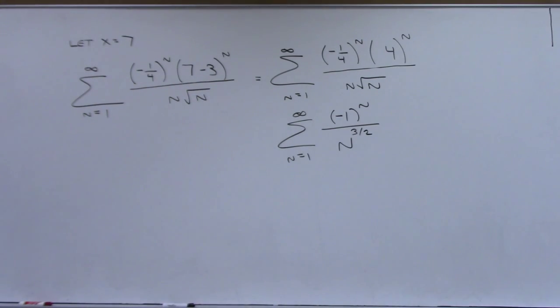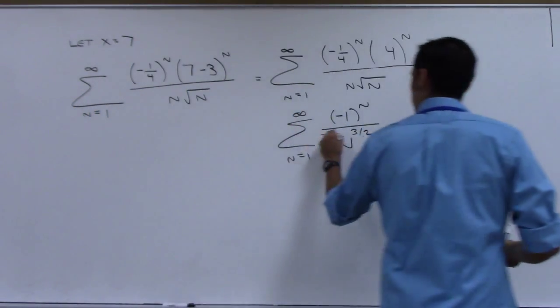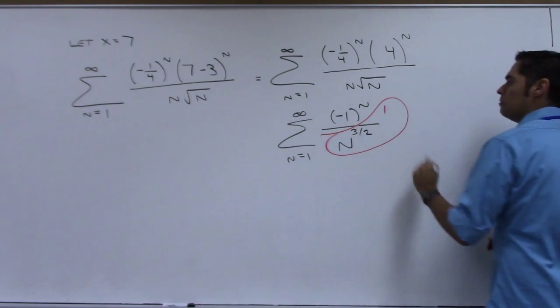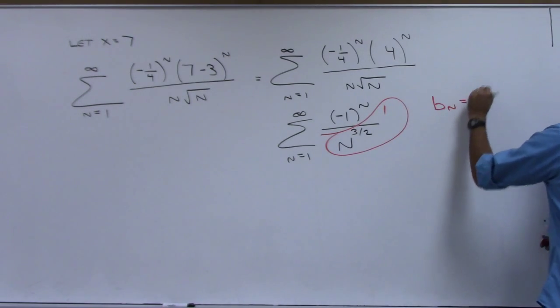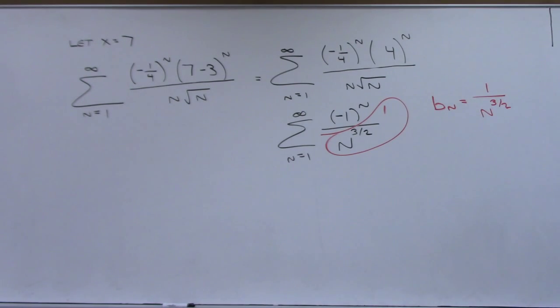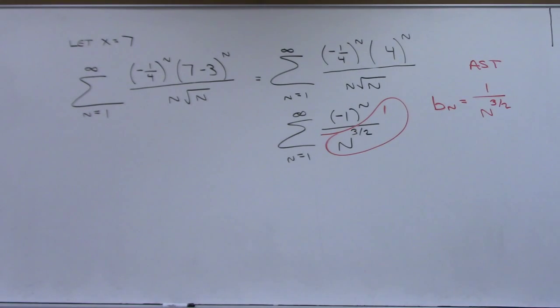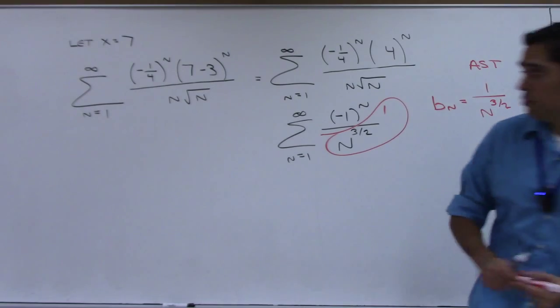But you can say it's an alternating series, and then you can go through the test however you want to do it. I'll do an alternating series test check real quick. I'm going to use this piece right here. B sub n is 1 over n to the 3/2, right? What are the two things I have to show?